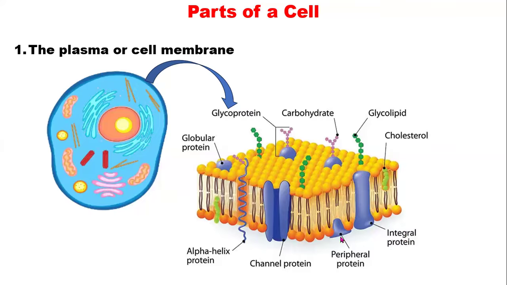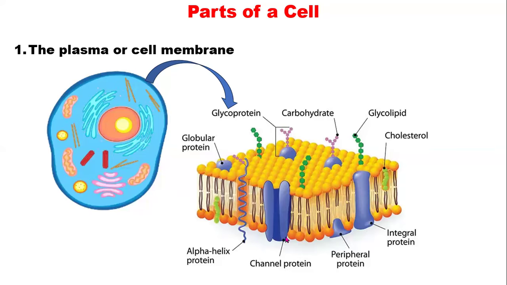Peripheral proteins are within the periphery of the cell membrane, while integral proteins are deep inside the membrane. Some of them can span from one side of the membrane to the other side.